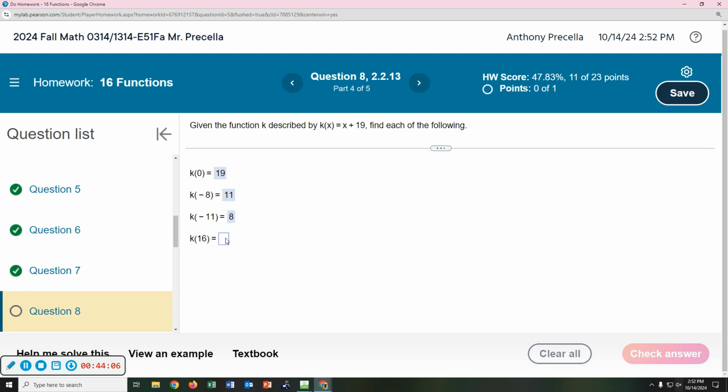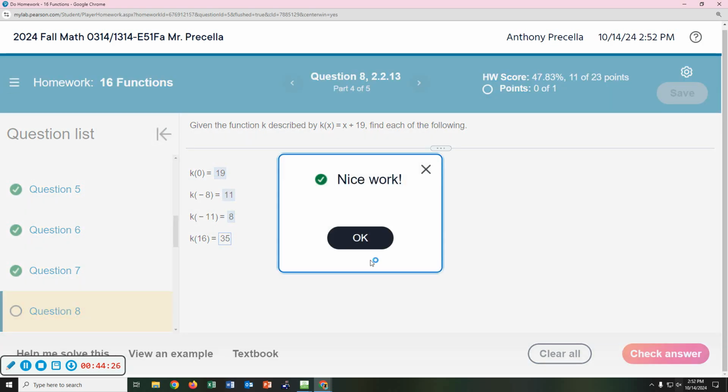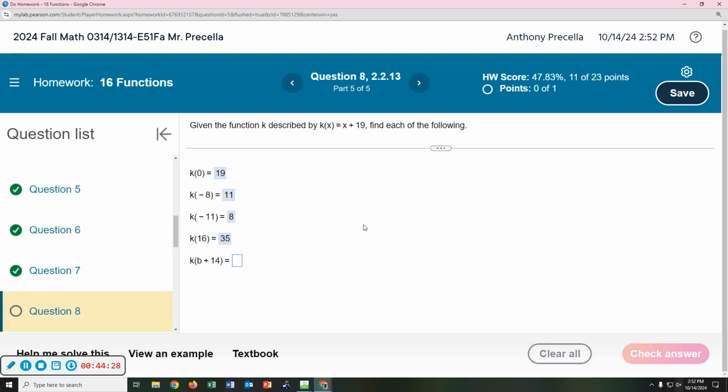Hey, I wonder if y'all could just tell me the answer on this one. It says go to your function k, and wherever you see a variable, replace it with 16. 16 plus 19. Is that 35? Yes. And I think there's one more. Okay, I'm going to write this one down. k of b plus 14, b plus 14.